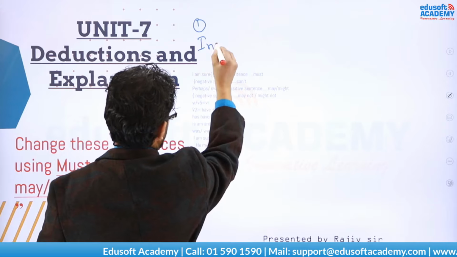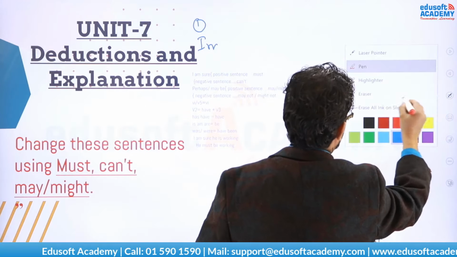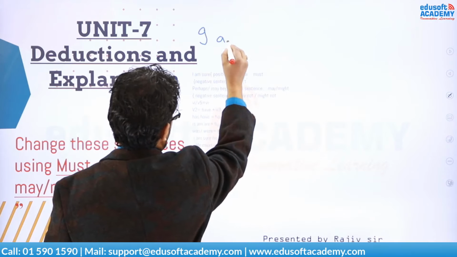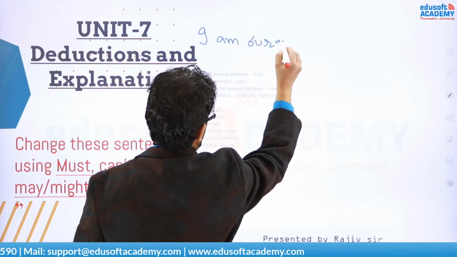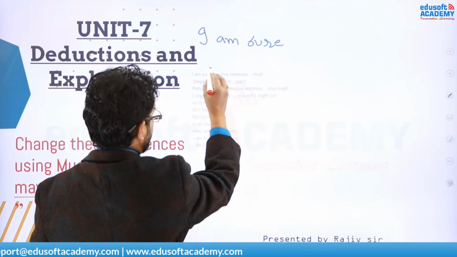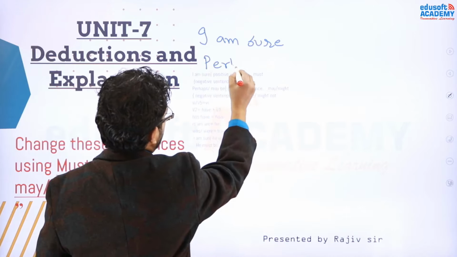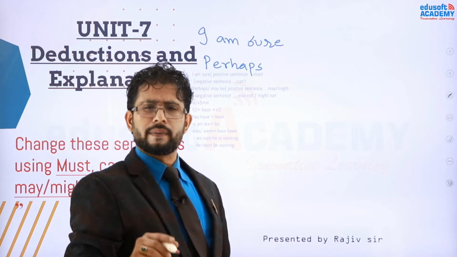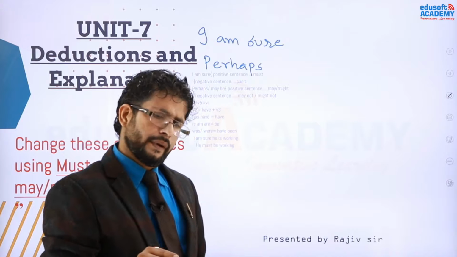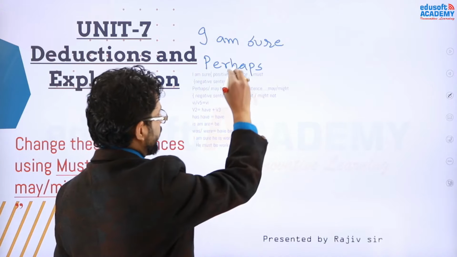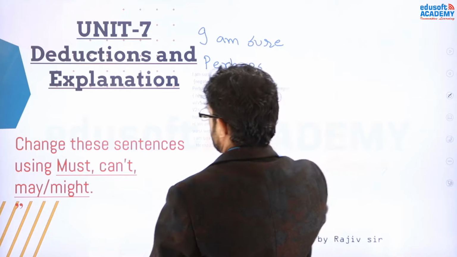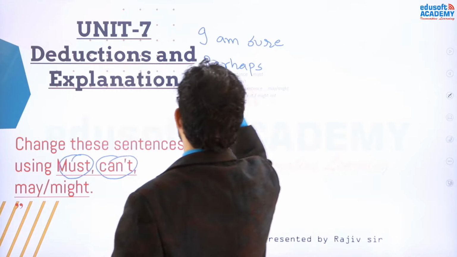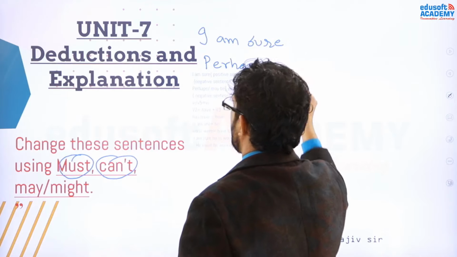A sentence may begin with I am sure, or a sentence may begin with perhaps. If the sentence begins with I am sure, you are going to supply must or can't depending upon what is followed by I am sure.